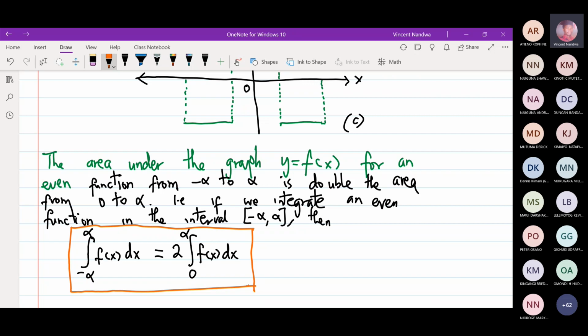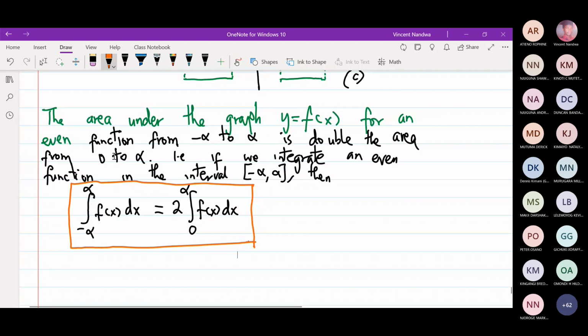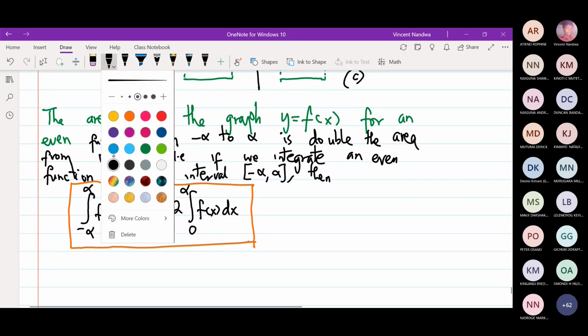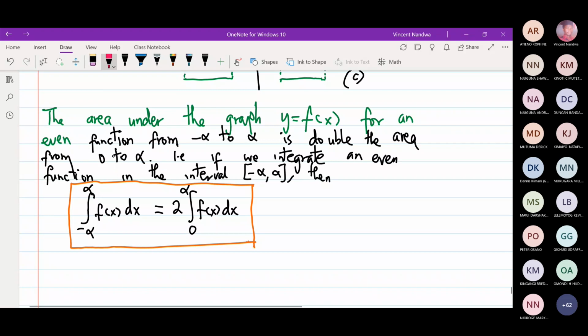Then let's briefly discuss odd functions. How did you define an odd function in pure mathematics? When do we say that a function f of x is odd?